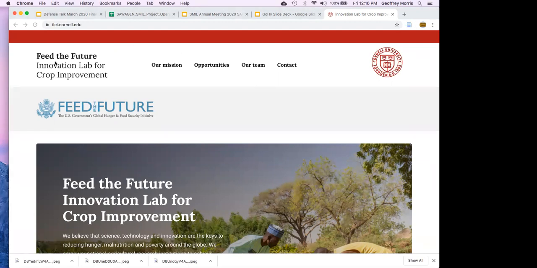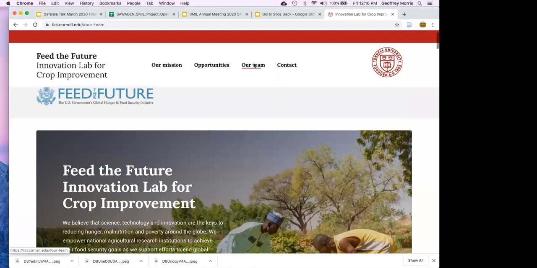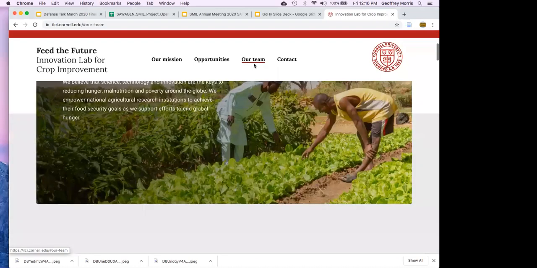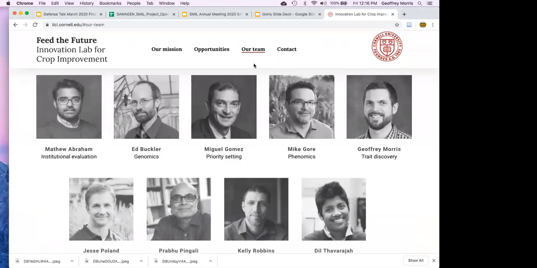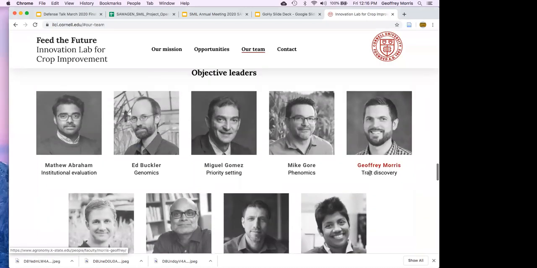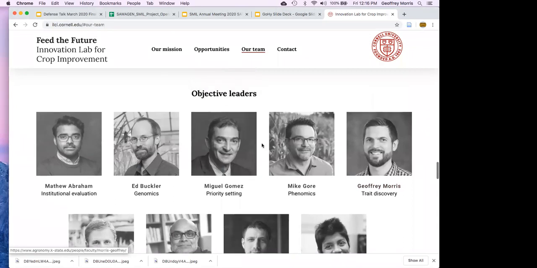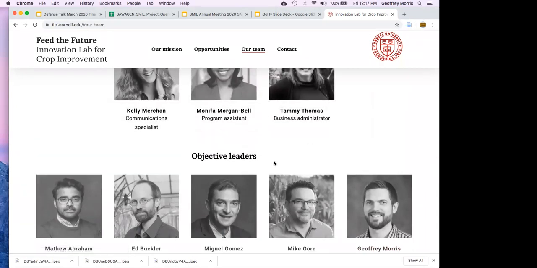That is for this new Feed the Future Innovation Lab for Crop Improvement that just started. This is a $25 million innovation lab. I'm the lead for trait discovery, one of the 5 areas of inquiry, or now they're calling them objectives.